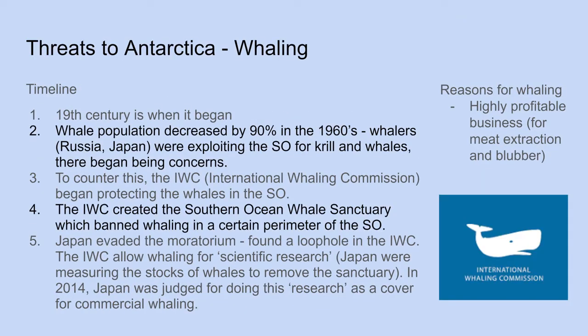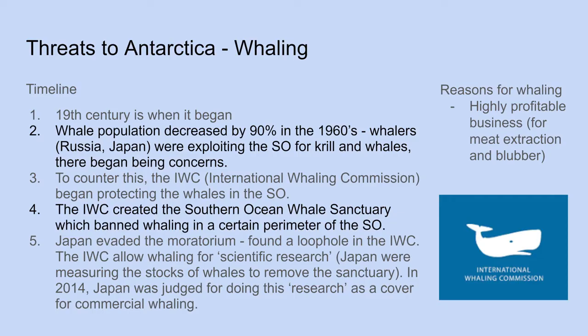So one of the threats to Antarctica is whaling. Some of the reasons why whaling happened is its high profitability, a highly profitable business for meat extraction and blubber, where the blubber would be turned into whale oil, which could be used in many things such as lubricating machinery, oil lamps, food, and insulation.